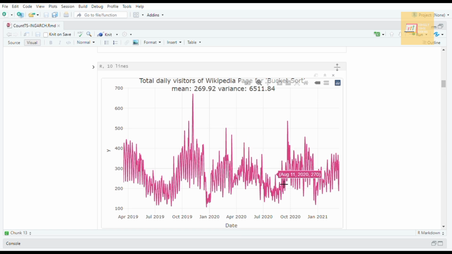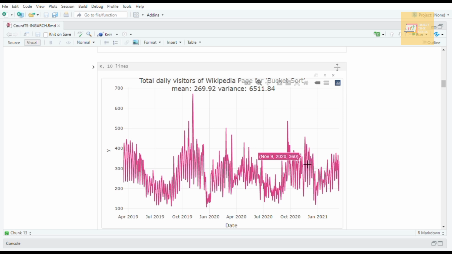In this time series, the variance is almost, or maybe even more than, 30 times the mean. With such heavy overdispersion, I think the Poisson distribution won't suit very well.